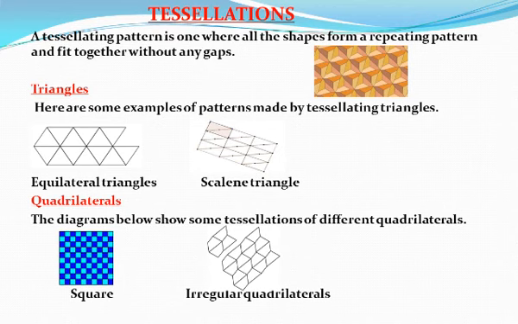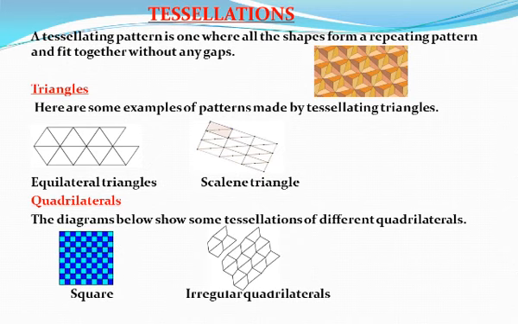Two examples you can see here, equilateral triangle and scalene triangle. In the equilateral triangle, many equilateral triangles fit together without any gaps, and a scalene triangle. So we can say this diagram shows that it is possible to tessellate these triangles with themselves.